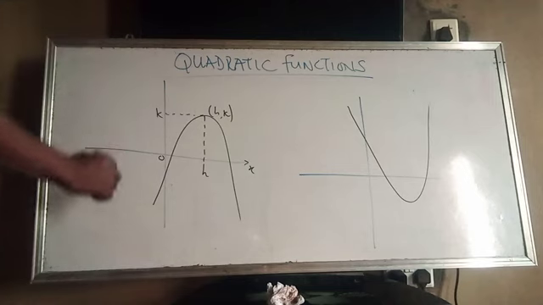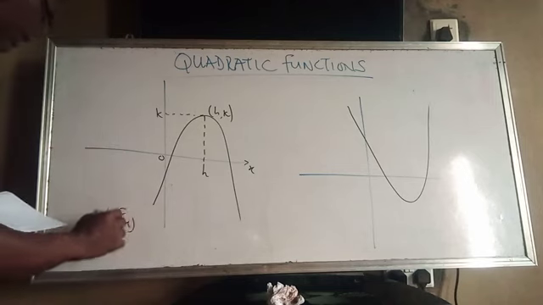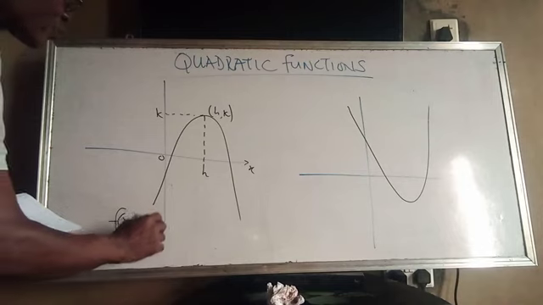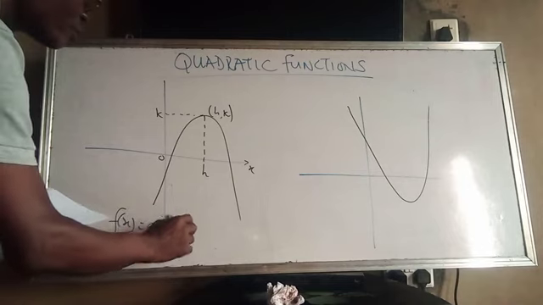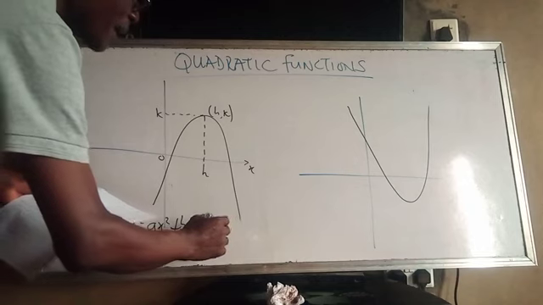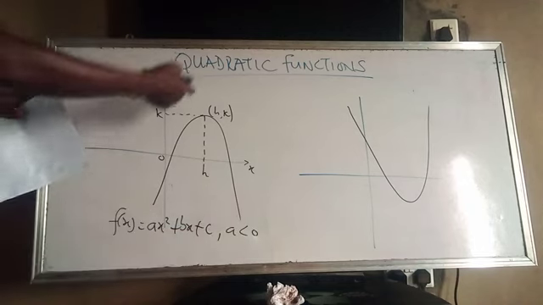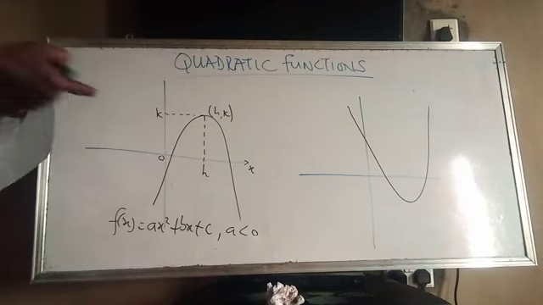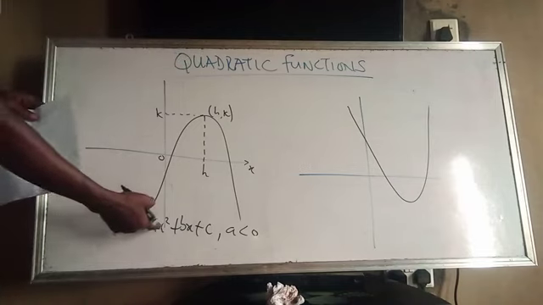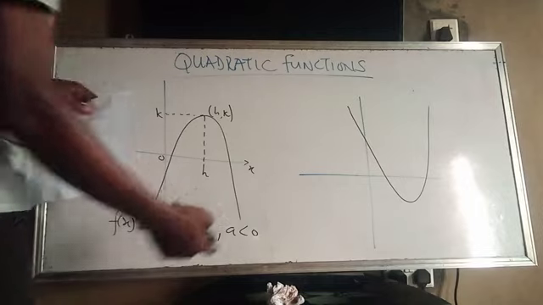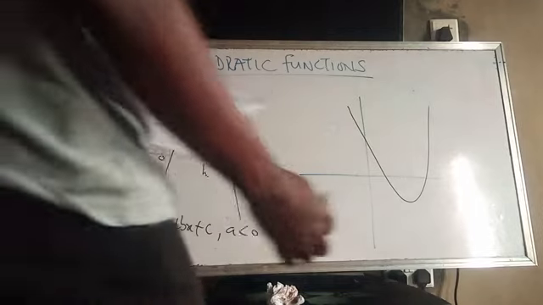Now this one, we have the form f of x is equal to ax squared plus bx plus c. Our a here is less than 0. So for the one that has a maximum point, the coefficient of x squared, a here, will be negative. But the other one that has a minimum point is just the opposite of the first one.